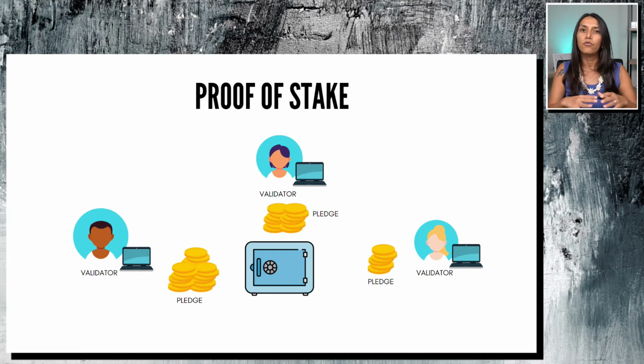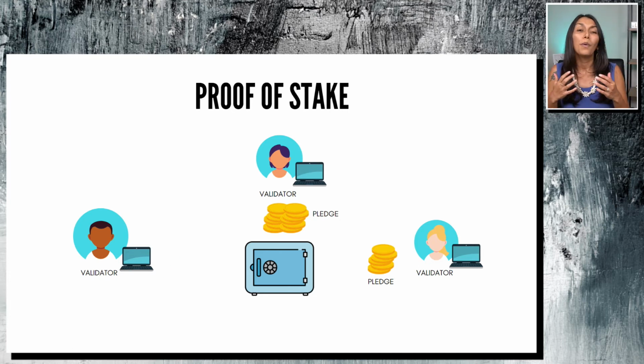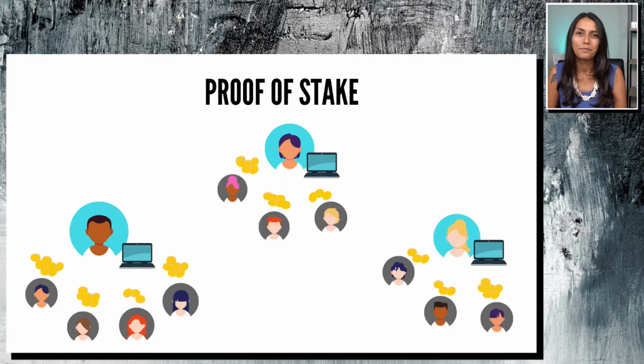That's the way for the algorithm to understand that you are ready to take this validation process seriously for the whole blockchain. So what happens if you don't do a good job? Well, you will get a punishment. Money from your pledge will be taken away.